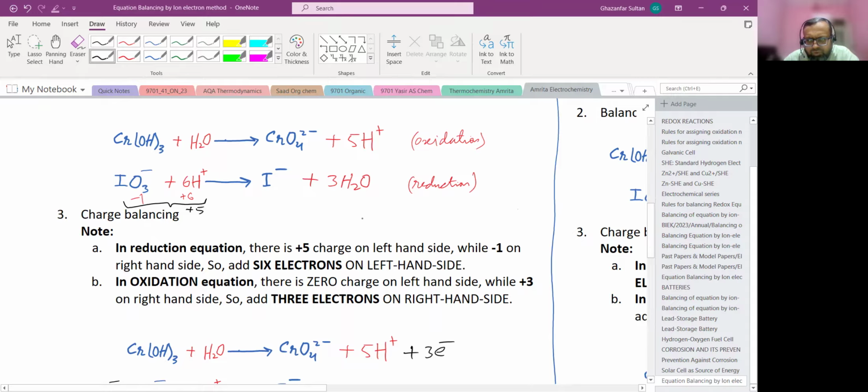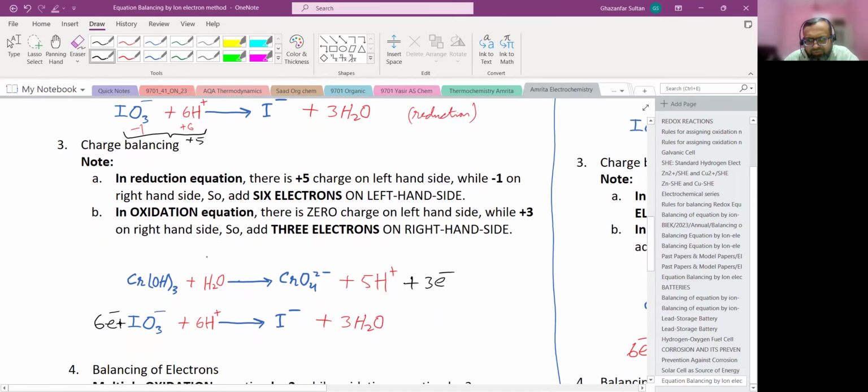Both sides' charge must be the same. Whether it should be +5 on the right hand side or there should be -1 on the left hand side. So how can we do this? If we add 6 electrons on the left hand side, see what we have done. We have added 6 electrons on the left hand side, and now see the charge has been balanced.